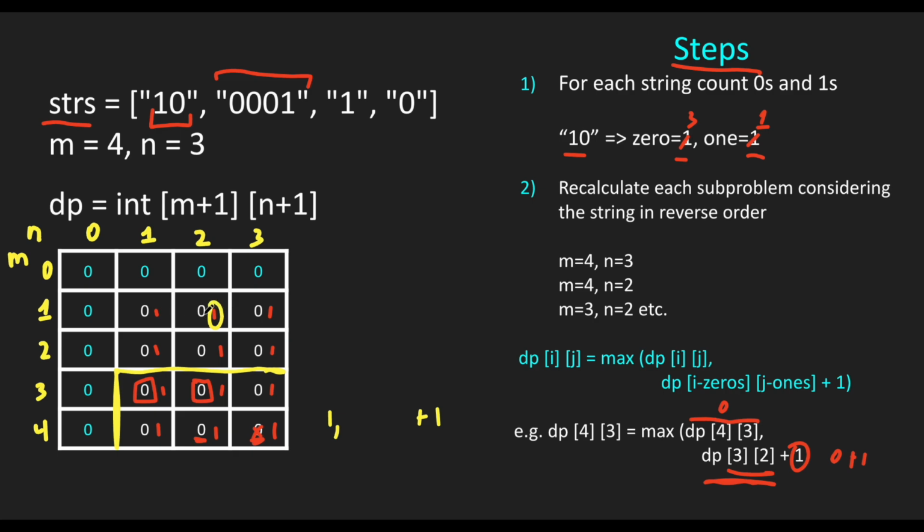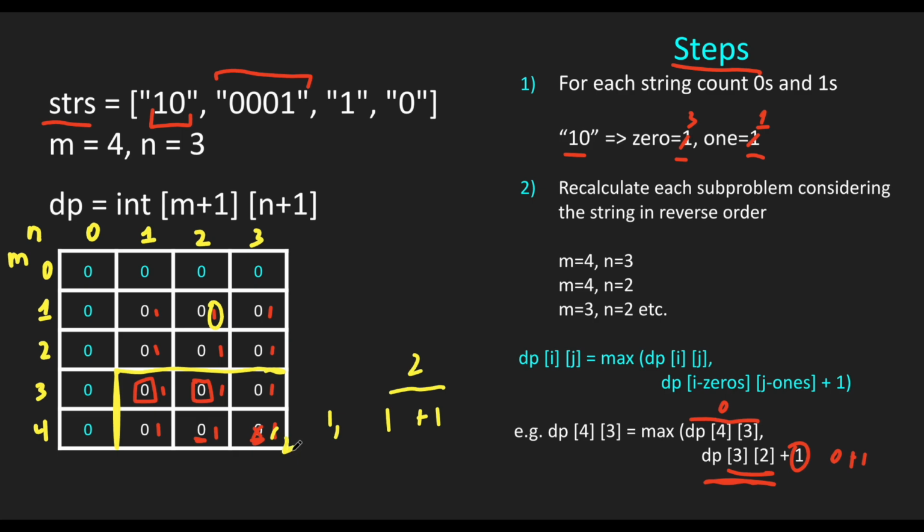We are solving subproblems, because the only way we can consider this string is because we have earlier calculated the max value for the subproblem of 1 and 2. The value here is 1, so 1 plus 1 or 1. So which one are we taking? This one is equal to 2, which means that we are updating this value to 2.